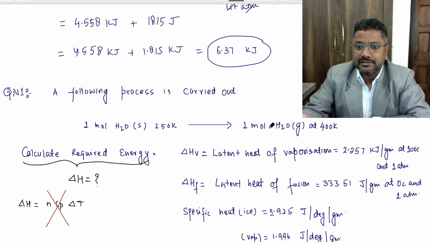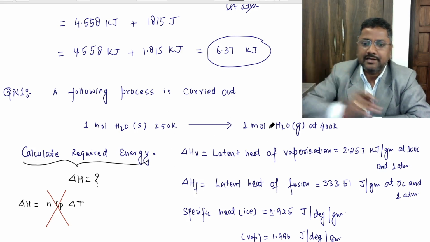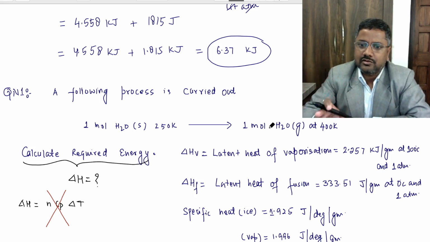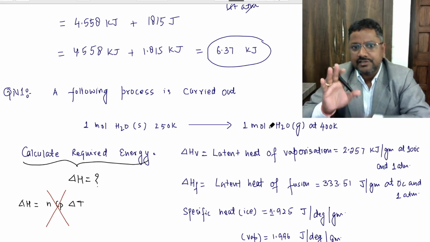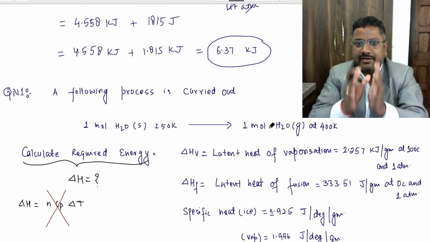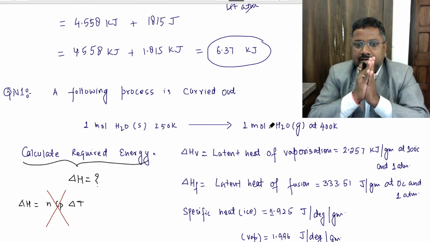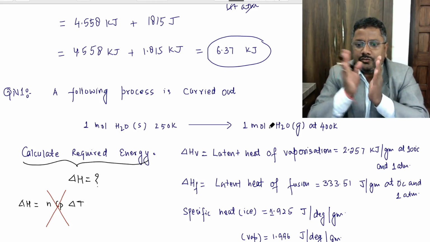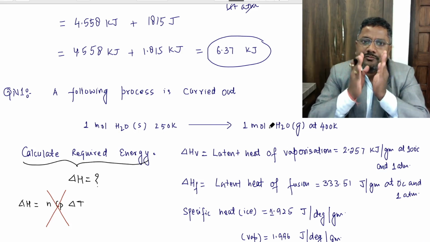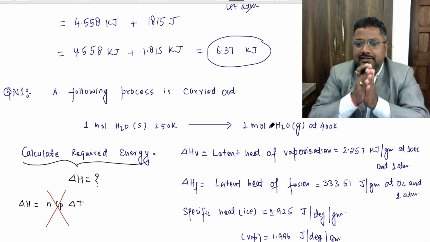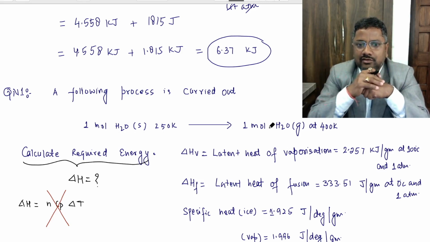As you see in the calculation of PV work or other parameters, we design the path over a PV diagram. Similarly, here also you have to design a path. Imagine, you have to think scientifically: if we have ice and we want to convert this ice into vapor, and we put energy in, first this ice which is present at 250 Kelvin will convert into what? Liquid first, right?